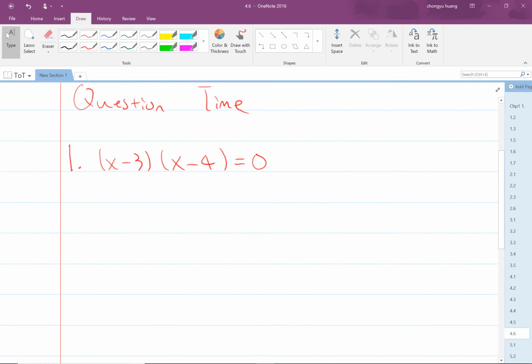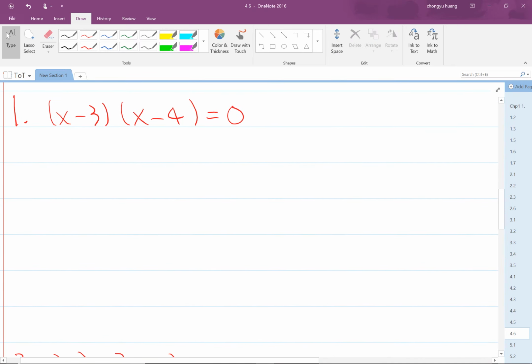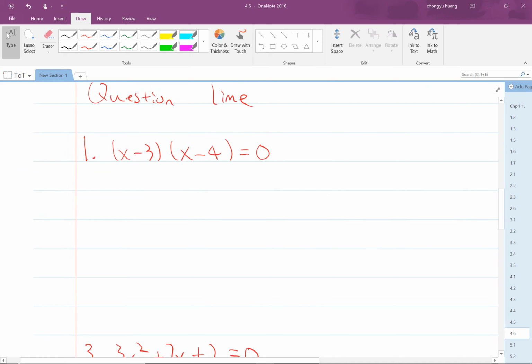For question 1, we are zooming in a little bit. As you can see, we have x minus 3 times x minus 4 equal to 0, and that is the question.